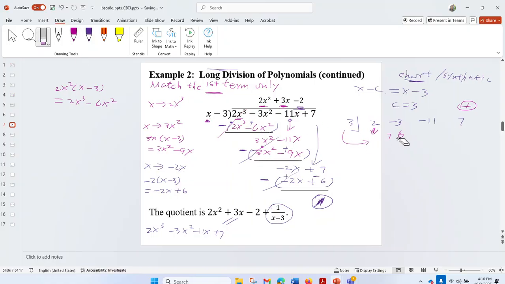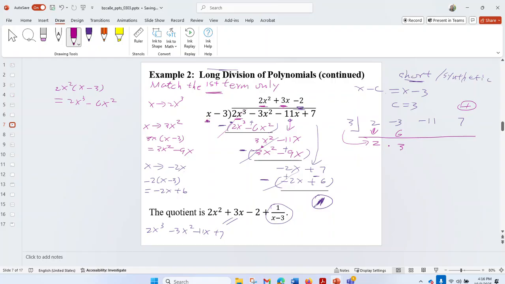Okay, let me drop a little bit of clear in here. Okay, all right. Okay, bring the 2 down. 3 times 2, you're gonna get a 6. Okay, and then 6 plus negative 3, you got 3.